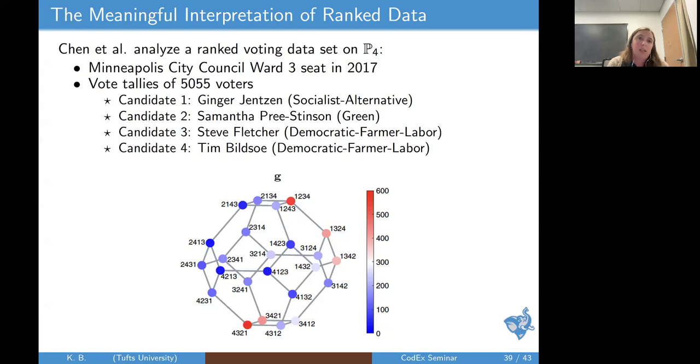In particular, one is a Minneapolis City Council Ward 3 seat election in 2017. They end up with the permutahedron again on 4 elements, so 4 candidates. They have 5,055 voters. This is what their signal looks like on the permutahedron.